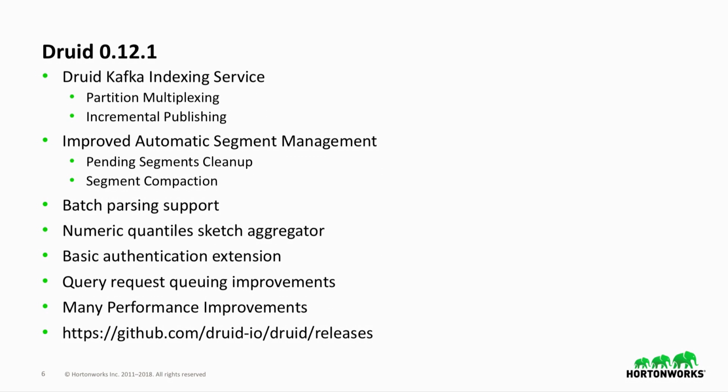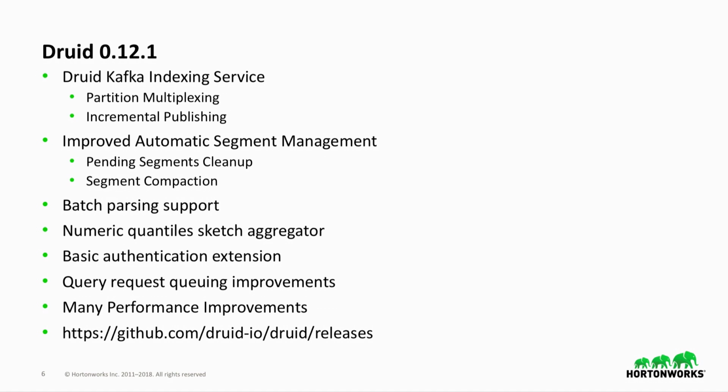It just supports basic auth, but since it's pluggable, you can write your own custom extensions to extend this feature. We have provided proper hooks in the Druid platform for authentication and authorization.